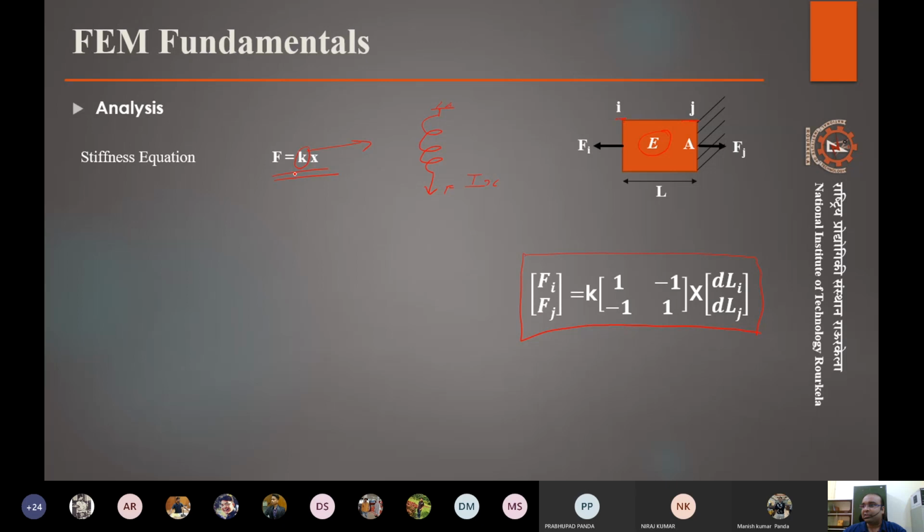This is also called a stiffness constant, and this kind of equation, F equals to Kx, where F is directly proportional to the change in length, or dl in our case, is called the stiffness matrix or the stiffness equation. So for structural analysis, we go for these kind of stiffness parameters. For our case, it will be something on this line. How we reach here, we will see.